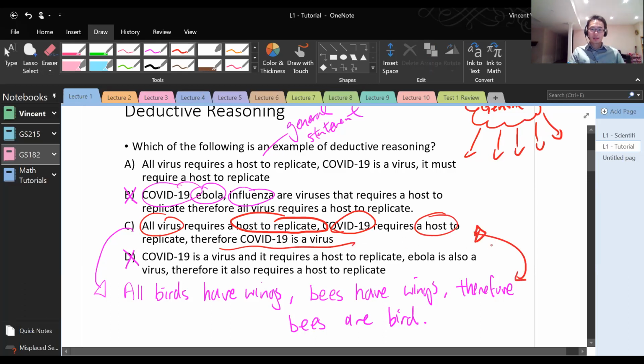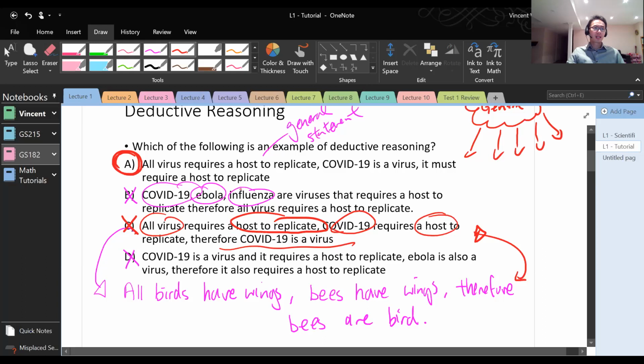That's what the logic sounds like if you use something like birds and bees. That is why this is not the correct answer. So this is the correct answer. It would be like, all birds have wings, and then a sparrow is a bird, so it must have wings. Is that okay?